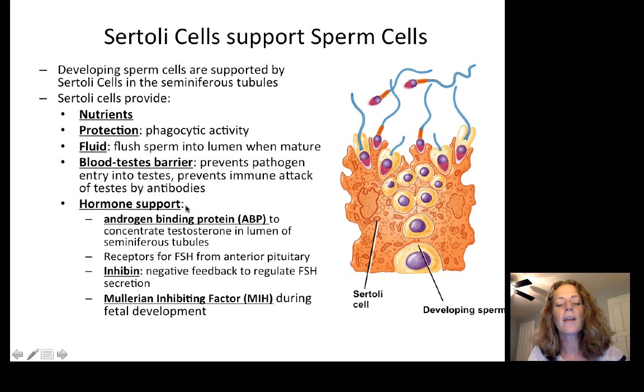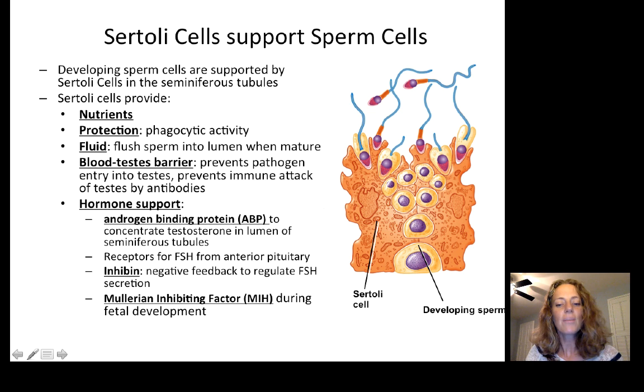Sertoli cells also provide hormone support. They have something called androgen binding protein, which concentrates and holds on to testosterone to support the developing sperm. They also contain receptors, which will get the signals from the anterior pituitary. They also secrete inhibin.